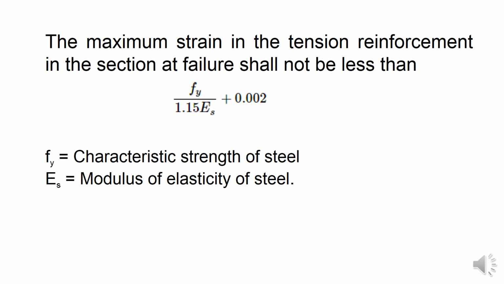For different grades of steel, we shall get different limiting strains. Normally we have three types of steel: Fe250, Fe415 and Fe500. Most of the cases we use Fe415, and mild steel we use as Fe250.